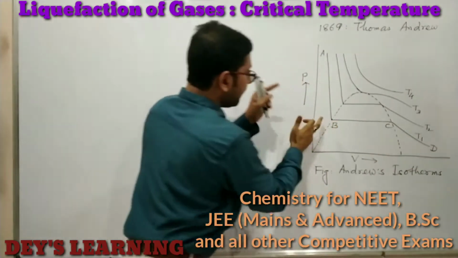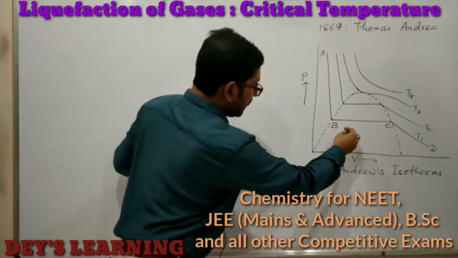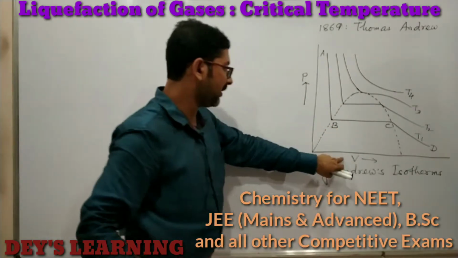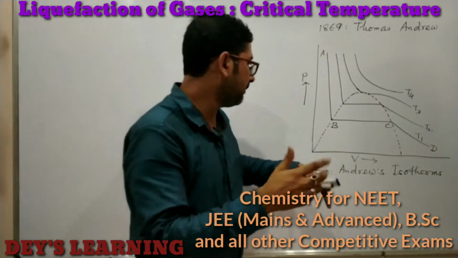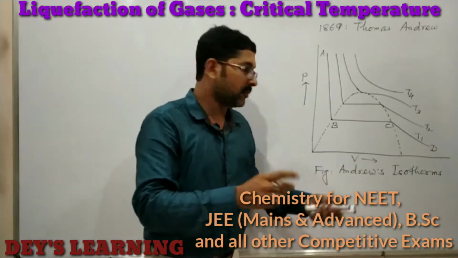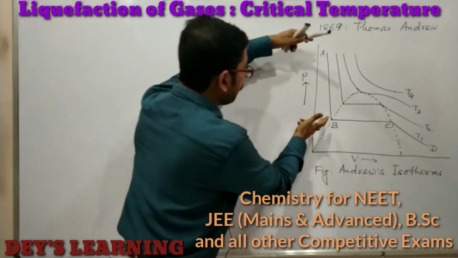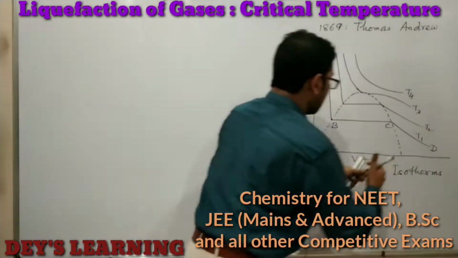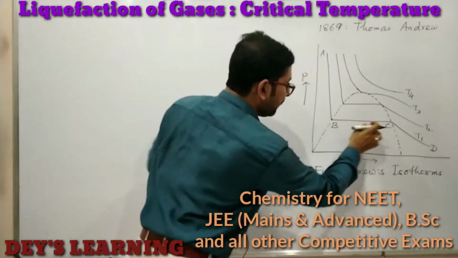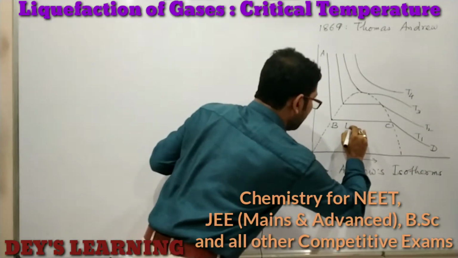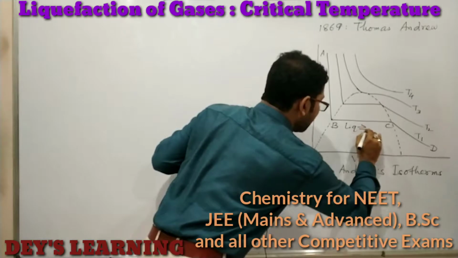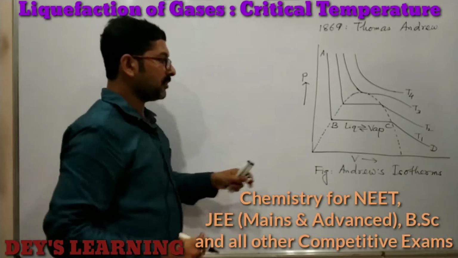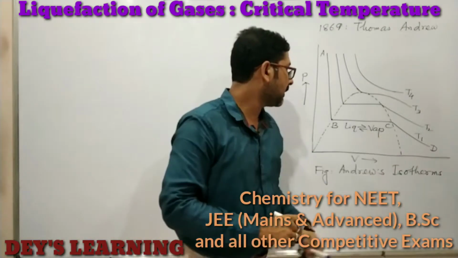But in the portion AB, the pressure abruptly increases while the volume decreases by a very negligible amount. So this portion is actually liquid, this portion is vapor, and in this portion BC, liquid and vapor exist in equilibrium. Sometimes this is known as metastable state.